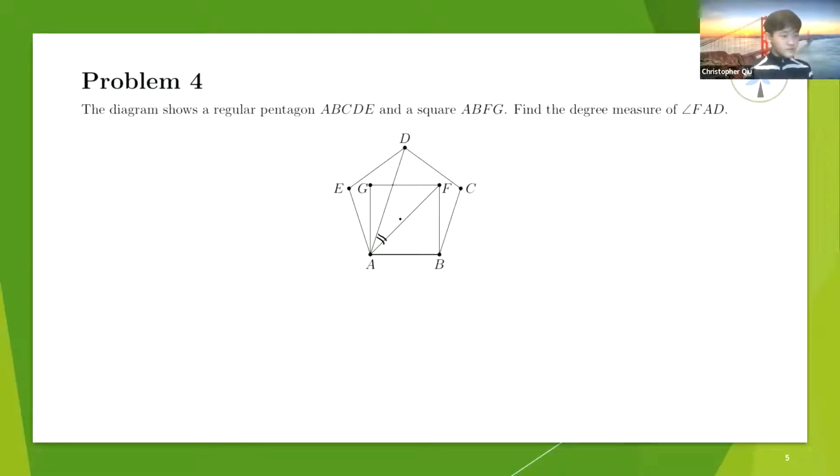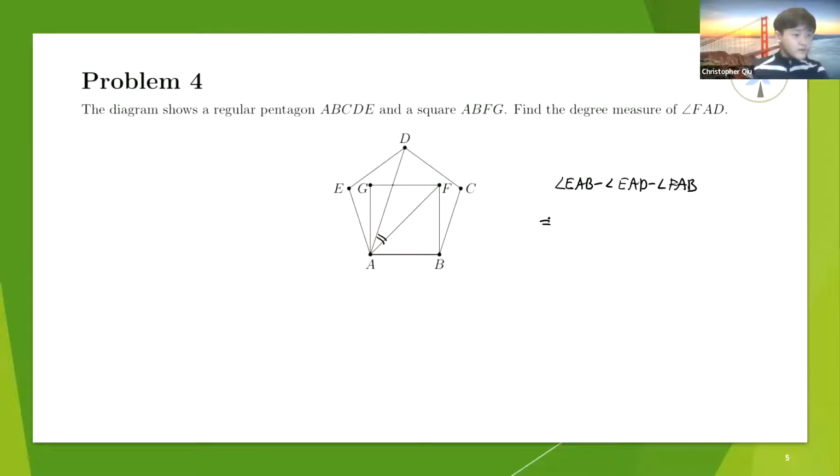All right, so how can we find this angle? In order to find this angle, we want to consult some of the angles that we know how to find. So for example, we can notice that this angle is equal to the angle EAB minus the angle EAD, and then minus the angle FAB.